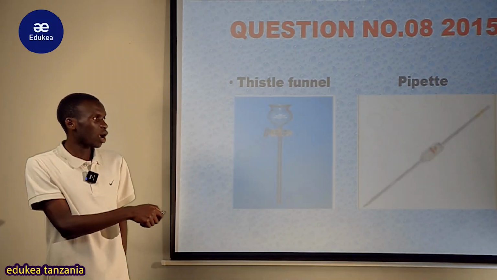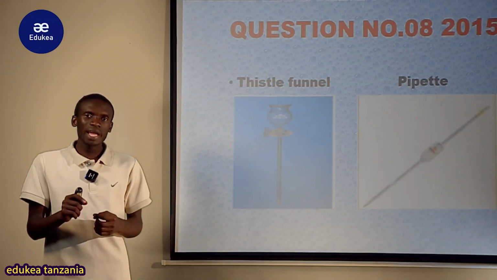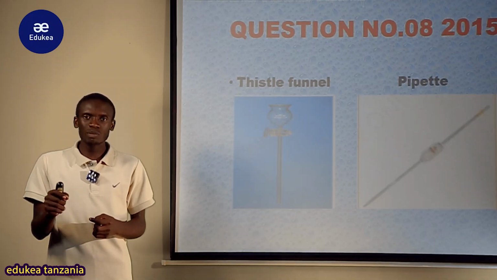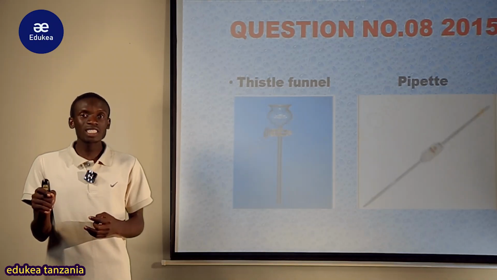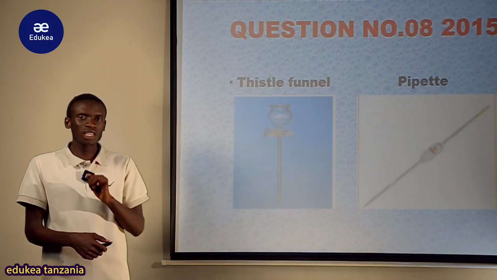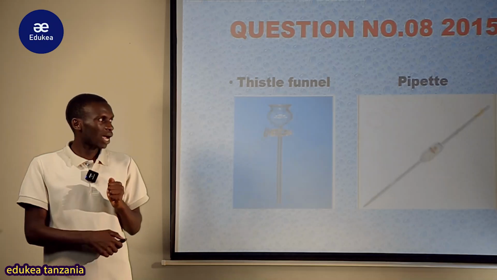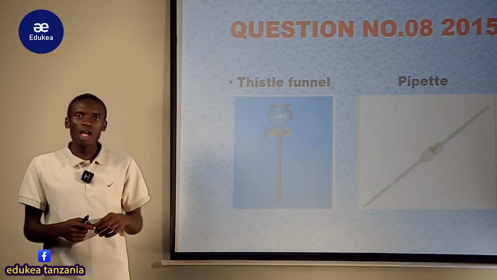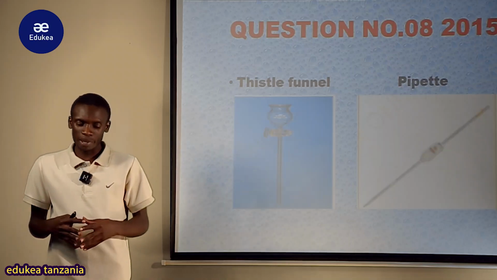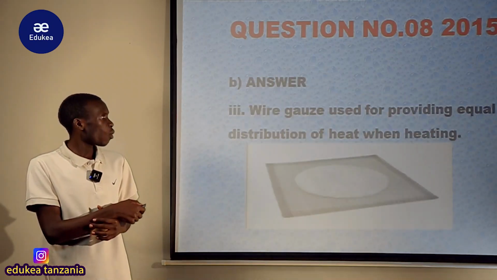Ukiiona hapa unakuta imeandikwa either ni 25 centimeter cubic, 50 centimeter cubic au 20 centimeter cubic, either 10 centimeter cubic. Unavyoisuck, utakapofikisha kwenye mark ambayo imewekwa, utakuwa umepima kile kiasi ambacho kimeandikwa kwenye eneo ambalo limetanuka kidogo. Then there is a wire gauze.